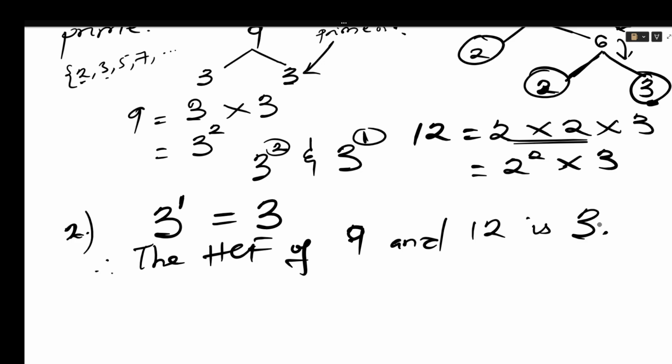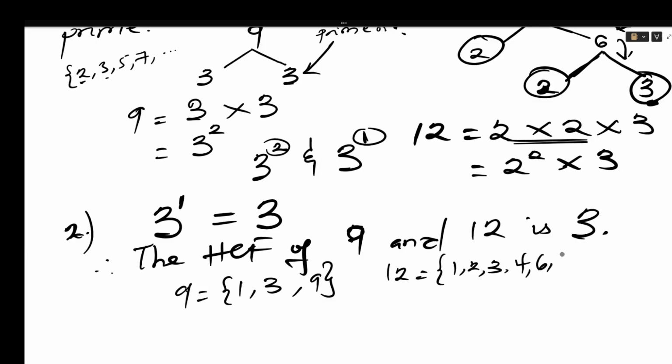You can confirm from the first method of solving. For 9, the factors are 1, 3, and 9. For 12, the factors are 1, 2, 3, 4, 6, and 12. The common ones are 1 and 3, and the highest is 3.